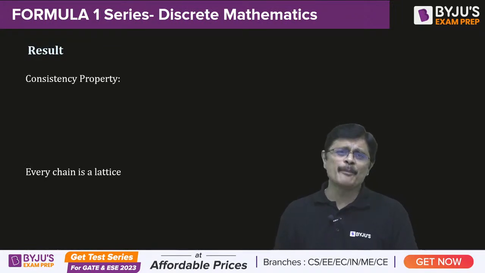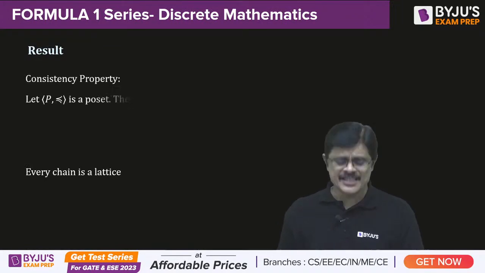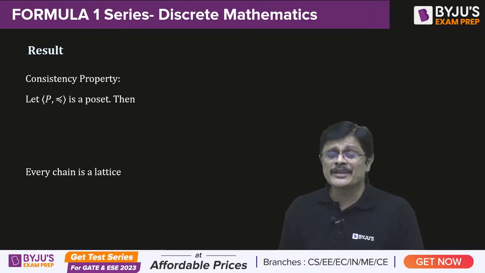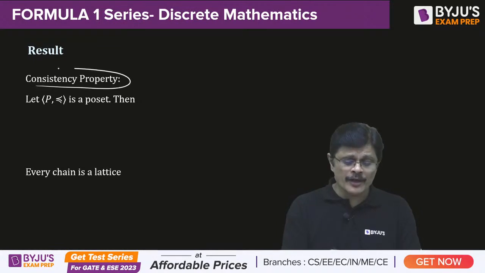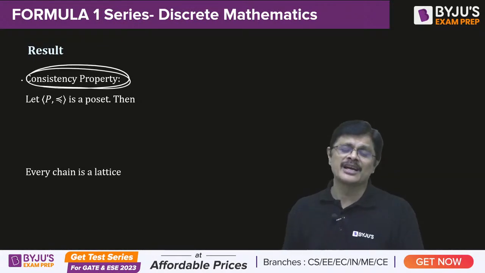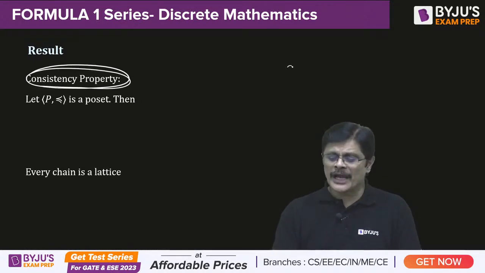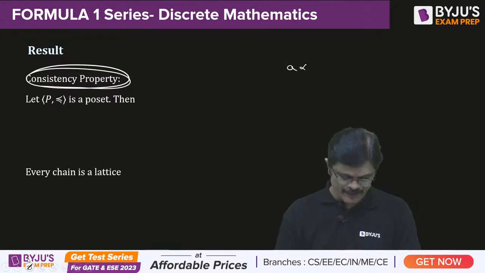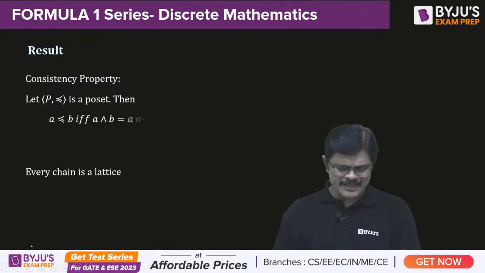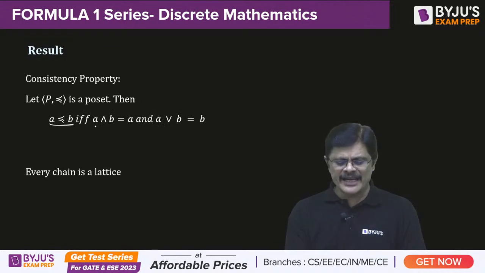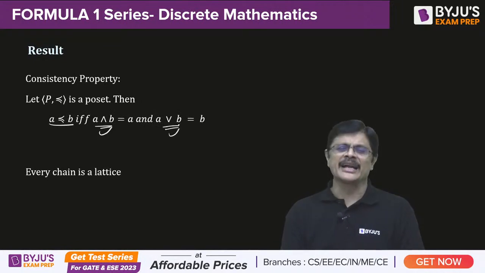There is one very important property, my dear friends, called the consistency property. To check whether the given poset is a lattice or not, this is the most powerful result. What it says is, if two elements are related, definitely LUB guaranteed, GLB guaranteed, my dear friends.